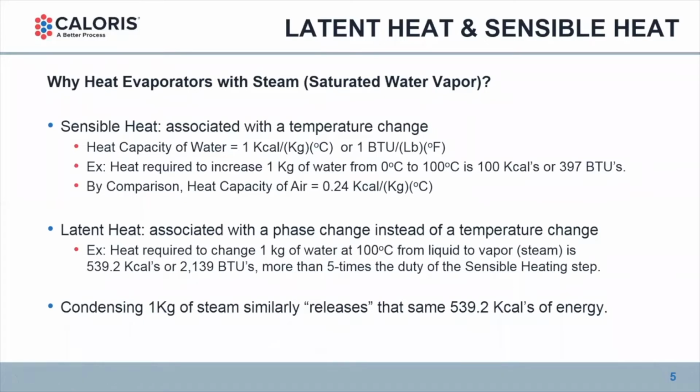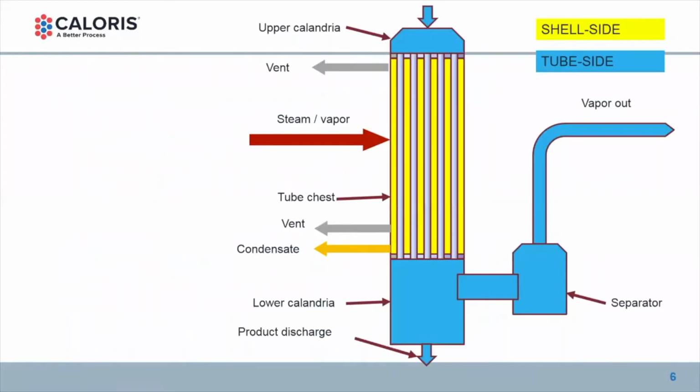So with those key points in mind, I'll get into the general concepts here of evaporation. And what I'm showing here is a falling film evaporator, which I believe most of you are going to be familiar with, although the concepts work for any shell and tube evaporator heater, even at atmospheric pressure.